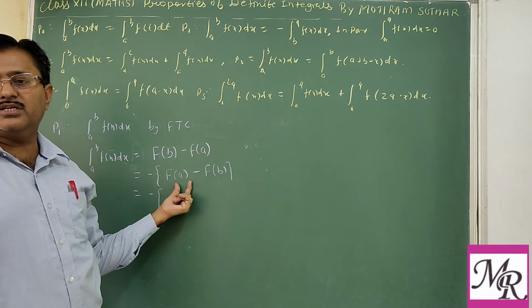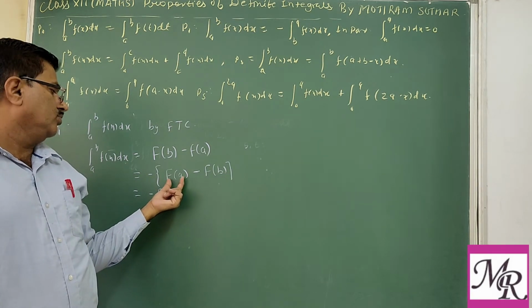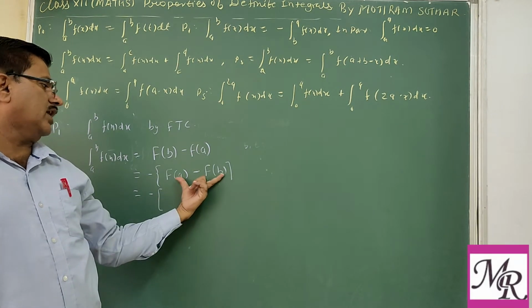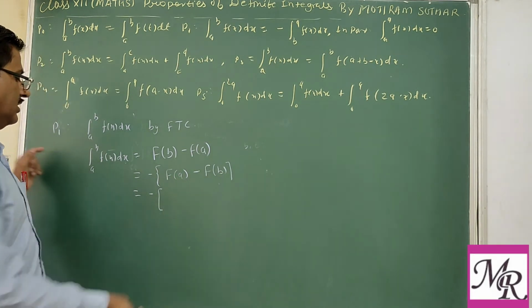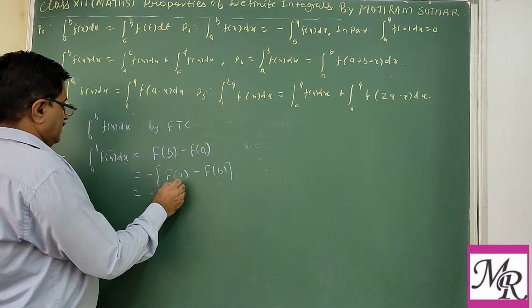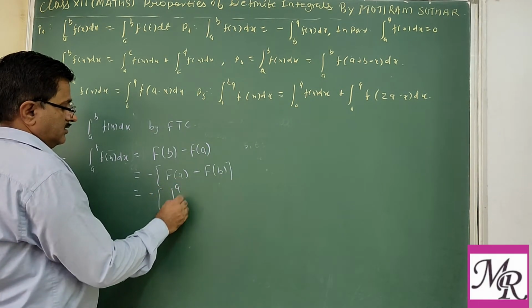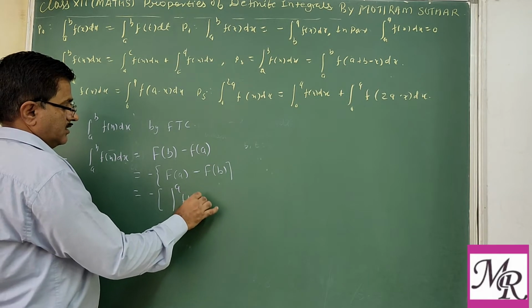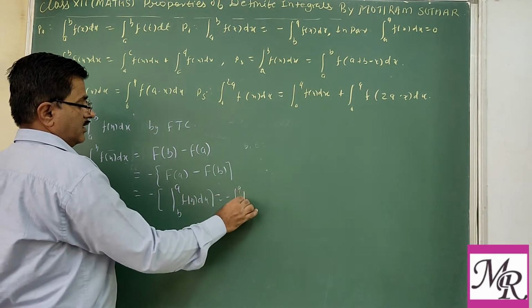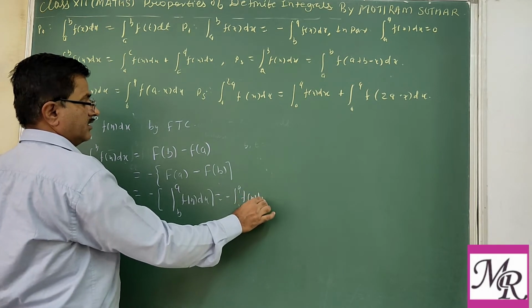By the definition of the definite integral, we call this the upper limit and this the lower limit. So if you write in the form of a definite integral, the upper is a and the lower is b, f(x) dx. So what we get is minus the integral from b to a of f(x) dx.